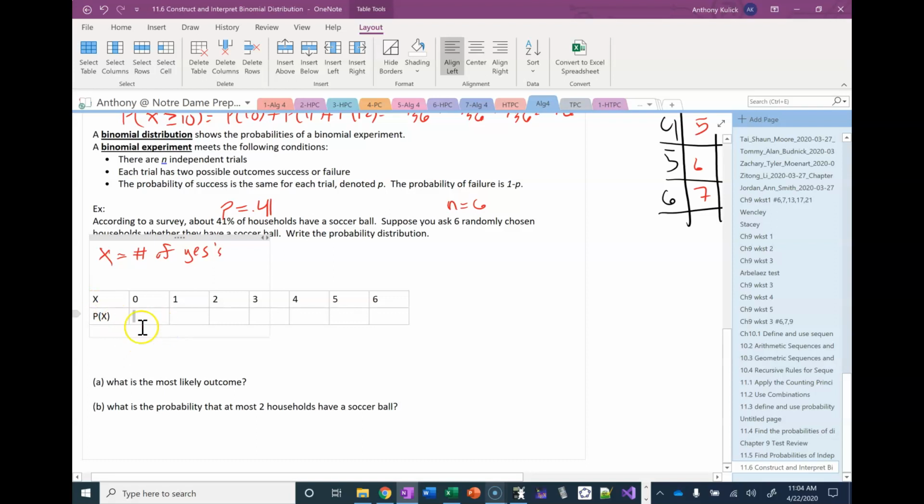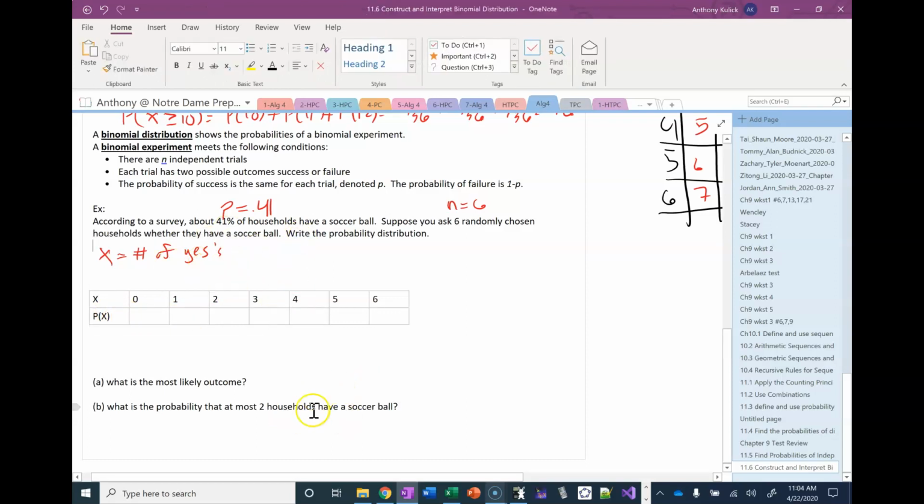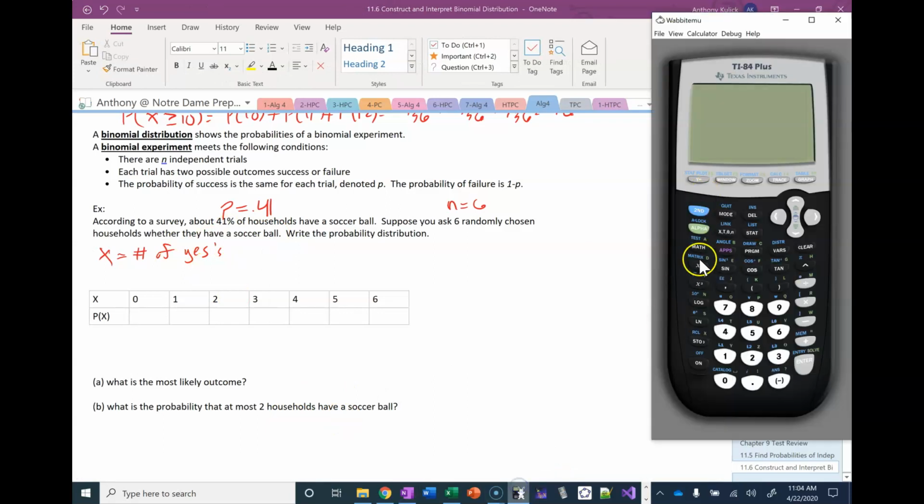Now my P of X is going to be computed using my calculator. So what I'm going to do is press second and the vars button. This will open the distributions menu. And I'm going to scroll down this distributions menu till I find the binomial PDF. That's the one I want right there. So I'm going to press enter.